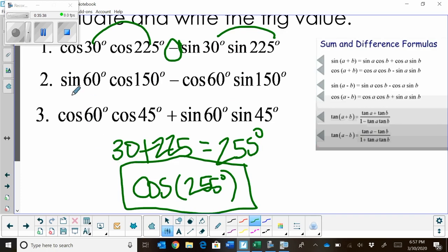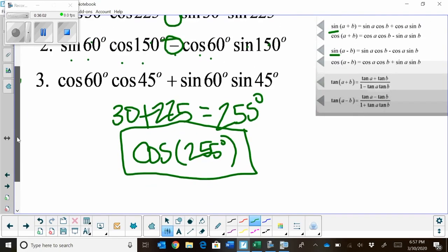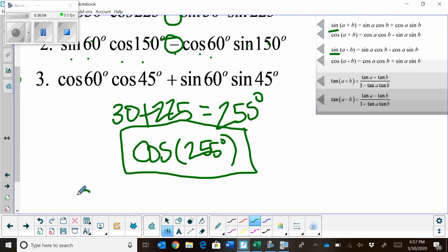So let's look at the second one. The second one is sine 60 cosine 150 minus cosine 60 sine 150. Okay, well, looking at this, we know it's the sine formula. So sine keeps the sign. So it's going to be A minus B. Don't be tricked. Be very careful. This is the sine of the A angle.